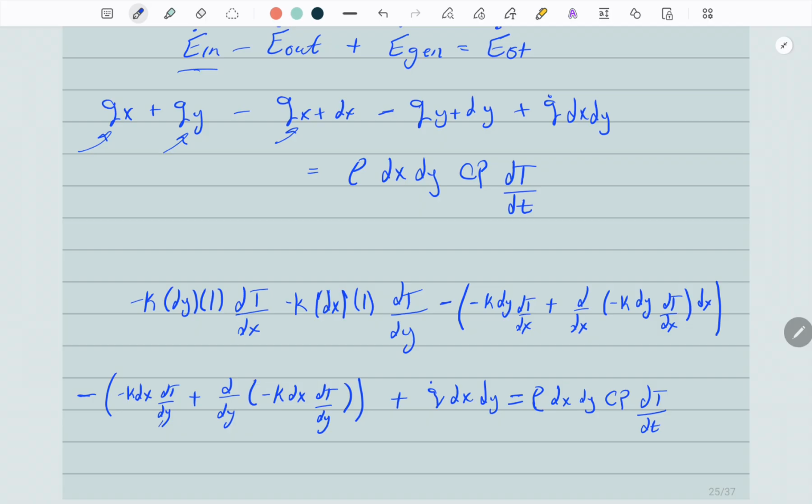So as you can see here, I inputted the variables from above. These are the inputs, the heat flow flowing into the system. This is the heat flow flowing out, and this is your generation and storage. So as you can see, there's some repeated terms such as this here and this.